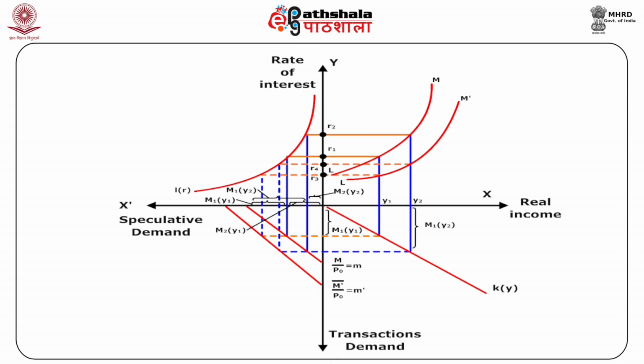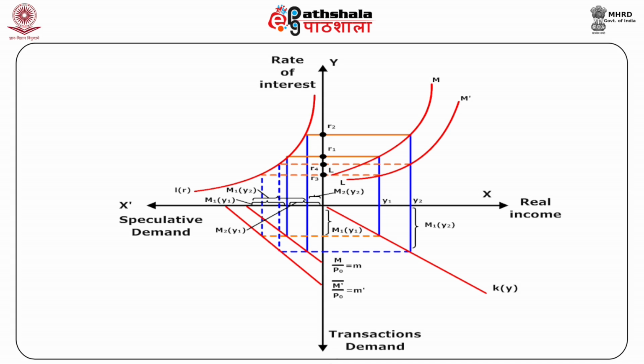Now similarly, if we consider Y2, then drop a perpendicular from Y2, it comes up to kY. At kY, we can easily see that the money demand due to transactions purposes M1 is dependent on Y2.